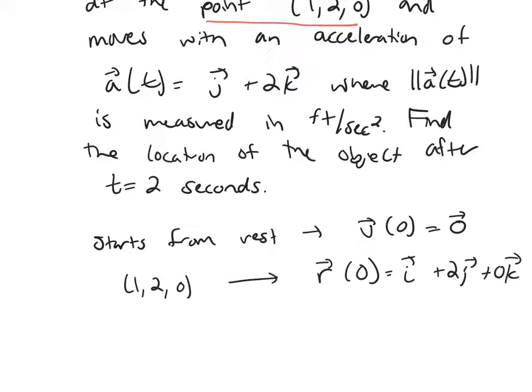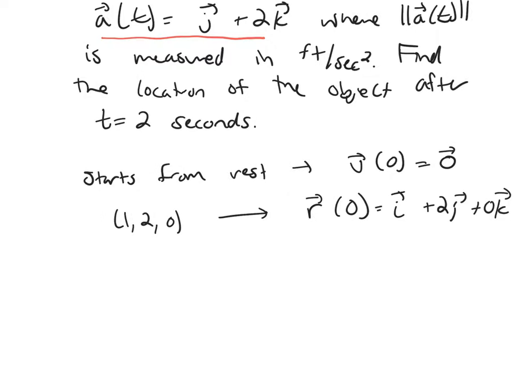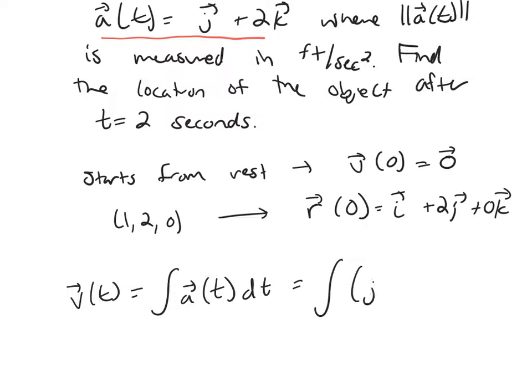So now let's start. I have acceleration here. I was given acceleration, so let's find velocity. To get velocity, I need to find the integral of acceleration. So I'm going to integrate j plus 2k.